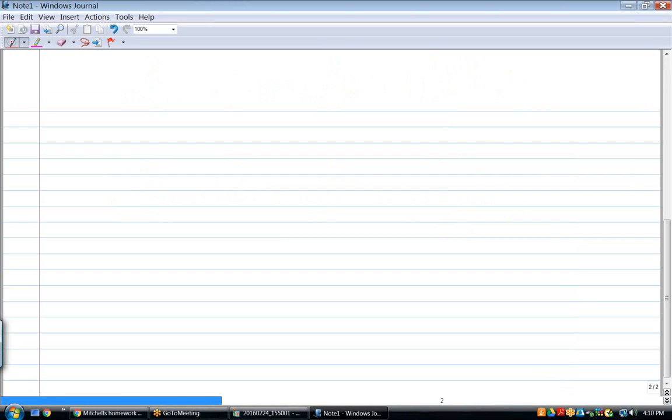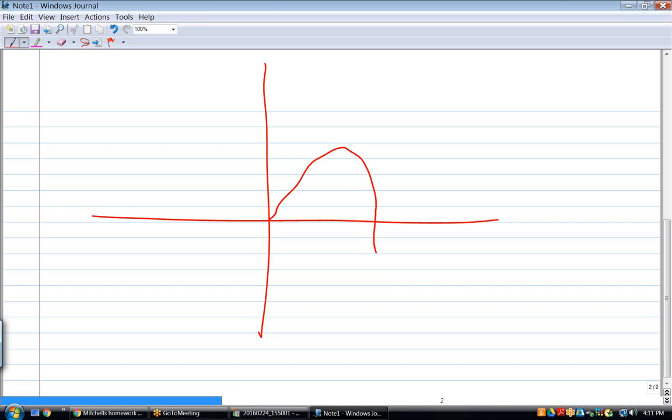If I draw the sine curve, and I want to talk about the inverse of that, I have to restrict it. I've got to restrict the domain from minus pi over 2 to plus pi over 2.